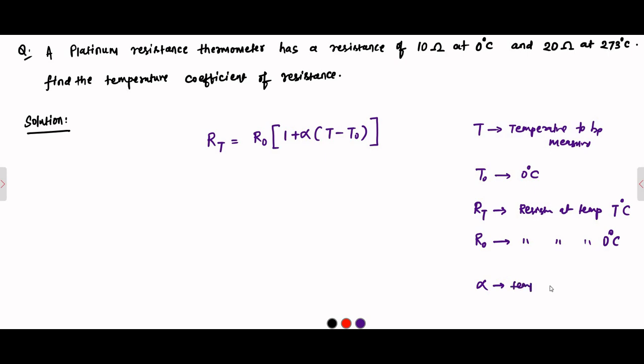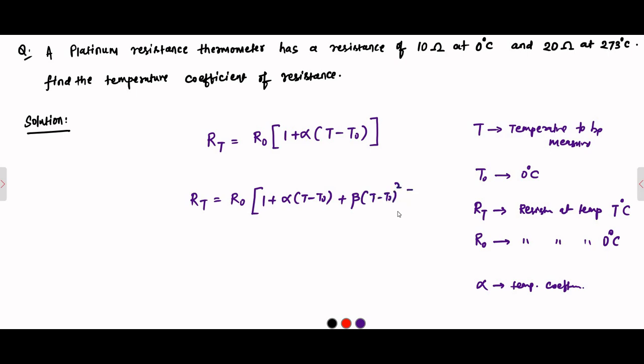So alpha is the temperature coefficient of resistance. In some cases you will also come across an equation like this: RT is equal to R0 into 1 plus alpha T minus T0 plus beta T minus T0 whole square.